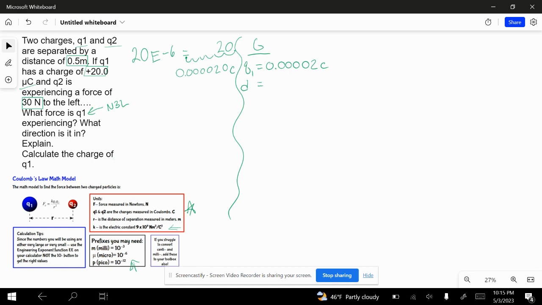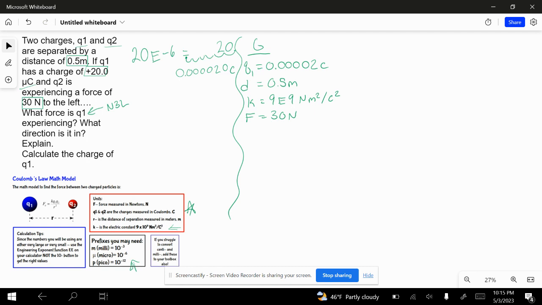We've been using R, but I'm just going to put a D here just because it's easier, of 0.5 meters. We have a K value of 9 times 10 to the 9th, and that is in newton meters squared per coulombs squared. And we have a force of 30 newtons.